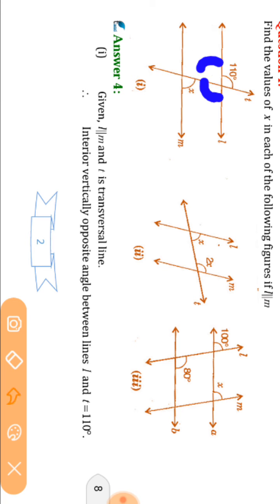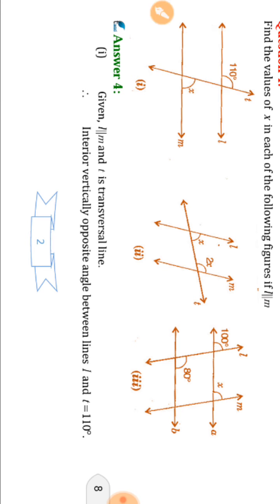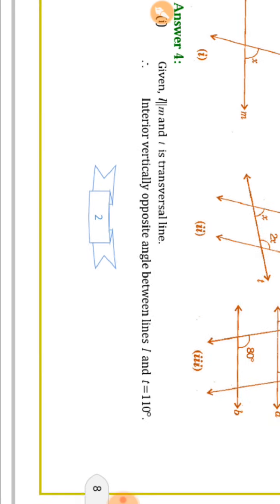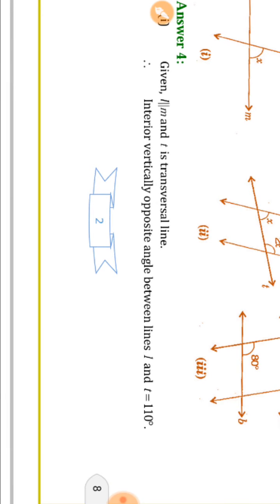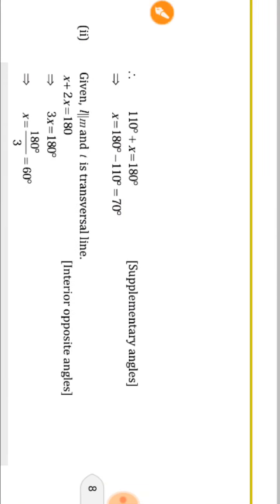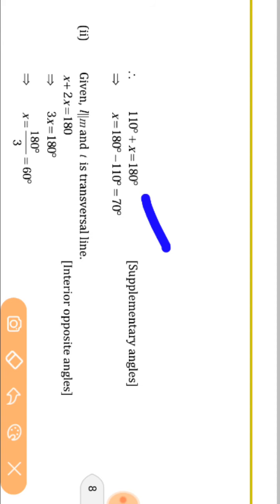But here we have taken the method: given L is parallel to M, T is the transversal line. Therefore the interior vertically opposite angle between L and T is equal to 110. Then directly 110 plus X is equal to 180 degrees. These are supplementary angles. Then X is equal to 70 degrees.